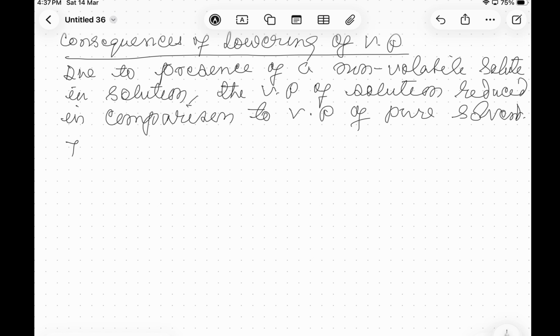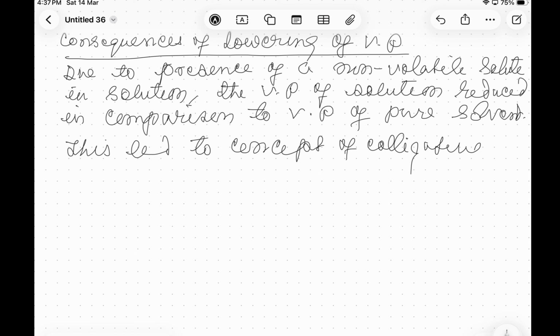This in fact led to the concept of colligative properties.